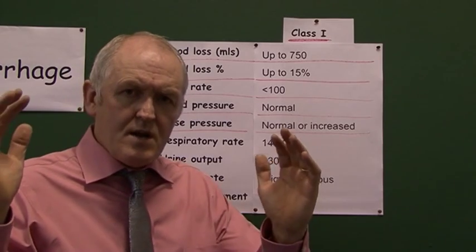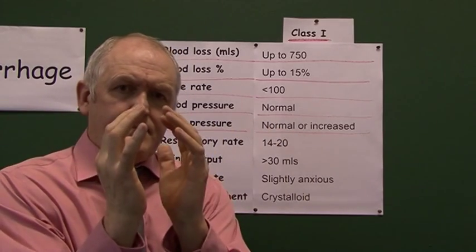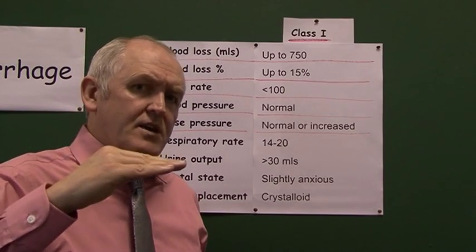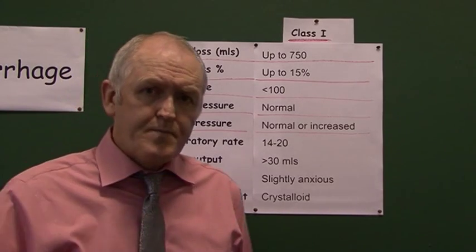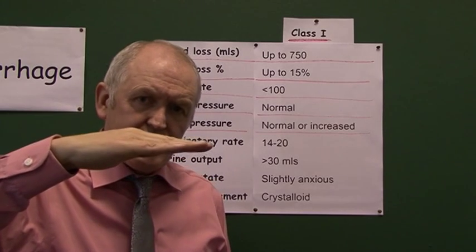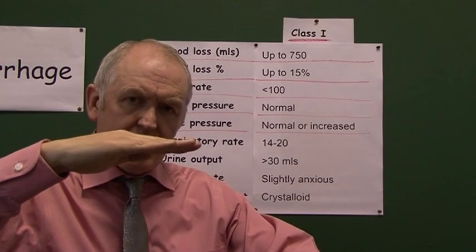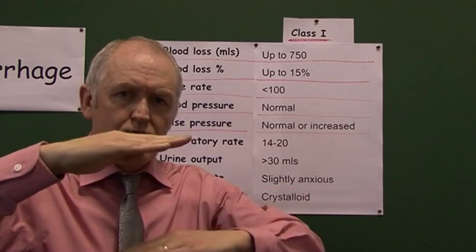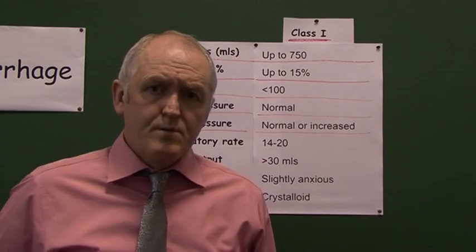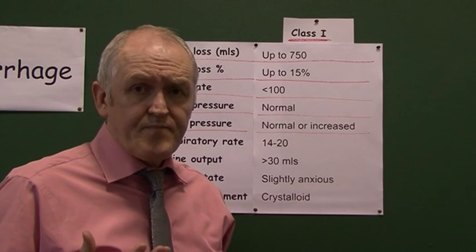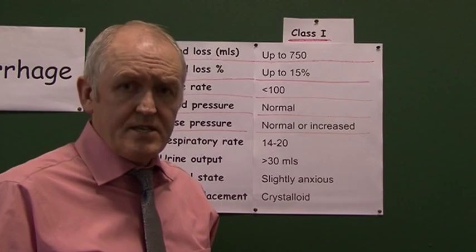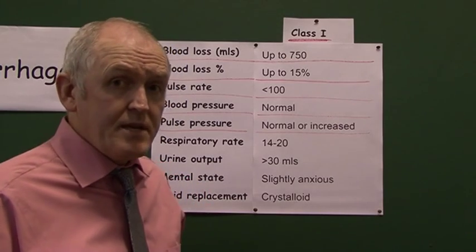And they're going to be vasoconstricting. And that's going to actually raise the diastolic blood pressure, or it can do. So even though the systolic blood pressure stays the same, the diastolic blood pressure can be raised, and you can see that's going to narrow or lower the pulse pressure. So actually, narrowed pulse pressure can be one of the very first indicators that a patient is bleeding from somewhere.